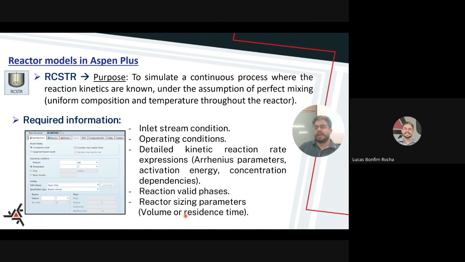We must specify, for example, the parameters for the Arrhenius law, such as the activation energy and the pre-exponential term for predicting the velocity of the reaction at that temperature, the concentration dependencies, whether there is only the forward reaction or whether you have the reverse reaction with effects in our system, the valid phases, and also, for designing the reactor, we can specify or calculate some sizing parameters such as the volume and the residence time.